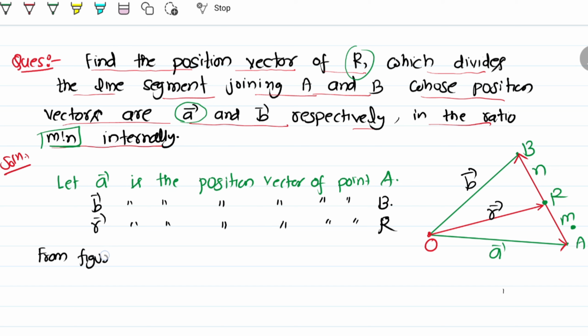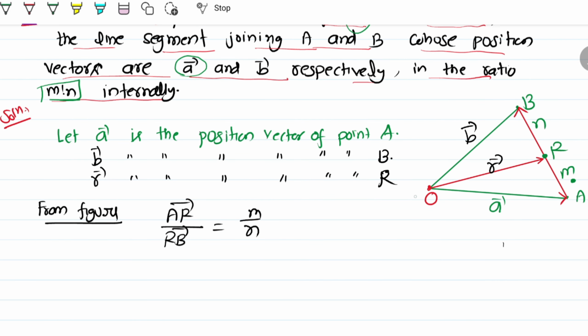Now from the figure we can write AR vector upon RB vector. They are collinear vectors, so they will be scalar multiples of each other. So I can write AR vector upon RB vector is the same as m upon n.